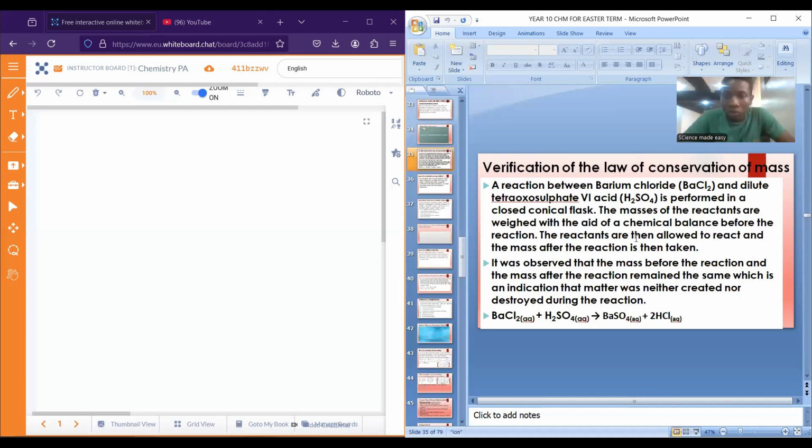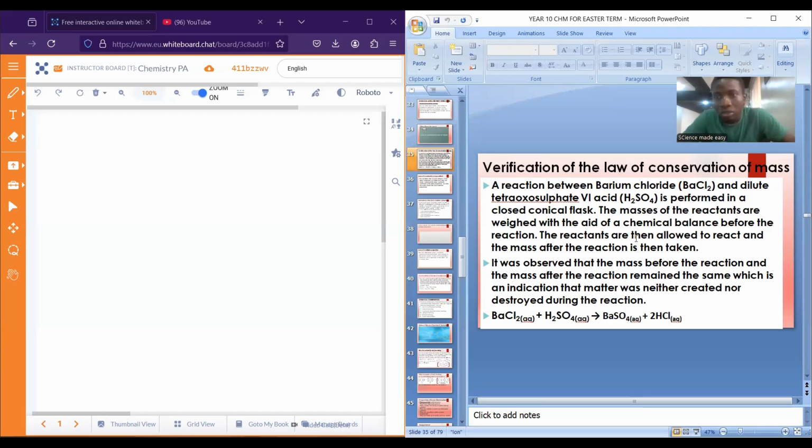What just happened is that it just transformed from one form to another. That means it was transformed from barium chloride to barium sulfate. It's not that the barium chloride was destroyed, and it's not that it was created, but it transformed from barium chloride to barium sulfate.